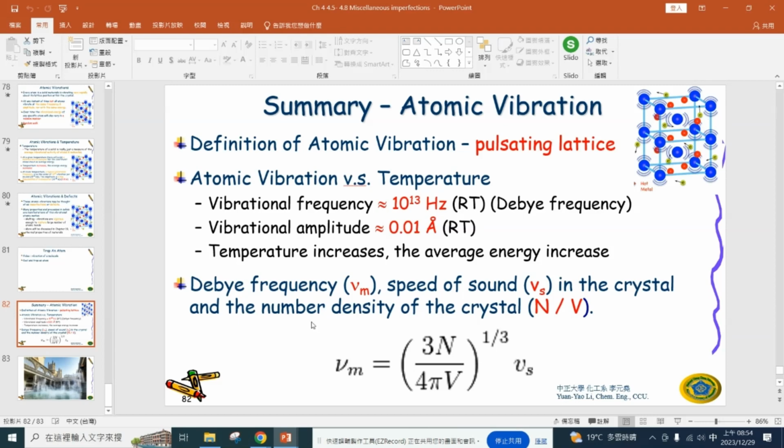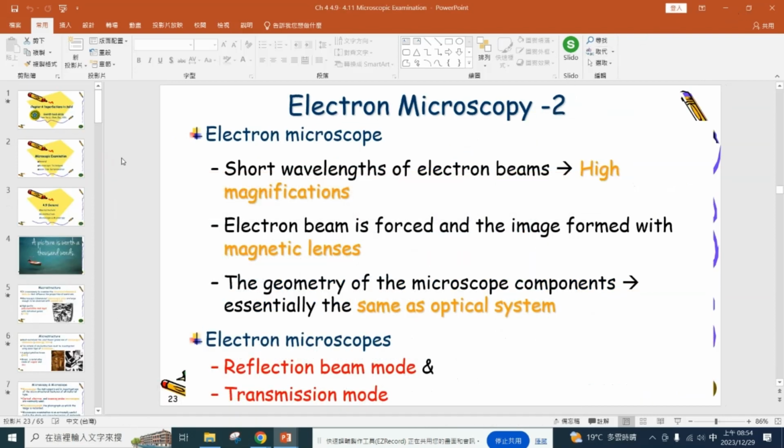And here is the vibration frequency, just for your information; you don't need to remember this at all. The vibration frequency is related to the speed of sound and the density of the crystal, something like this. So this is what we learned about atomic vibration.